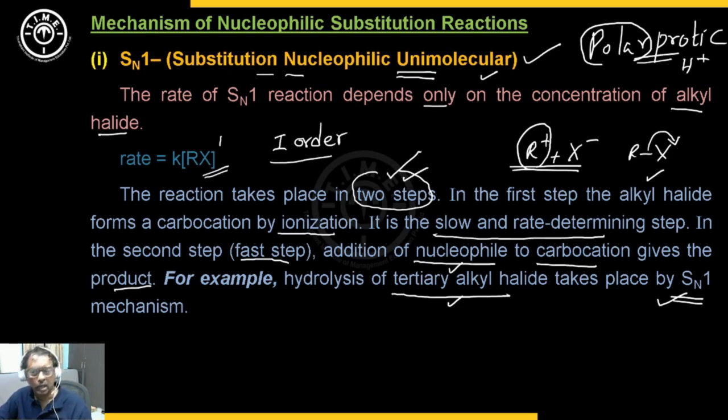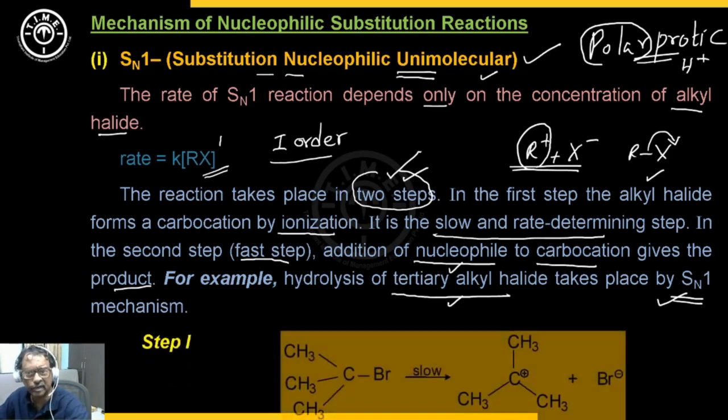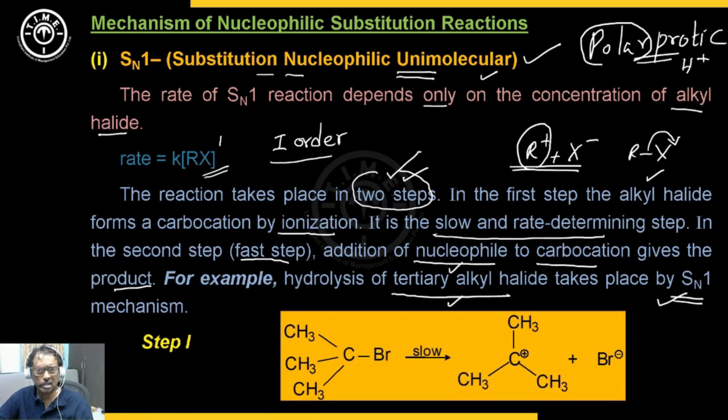Clear? Now this is what is going to happen to this alkyl halide in the first step. The C-Br bond is breaking heterolytically in a slow step, forming the carbocation and the Br minus, which are stabilized by a polar protic solvent. Clear? That is why we need a polar protic solvent for an SN1 mechanism.